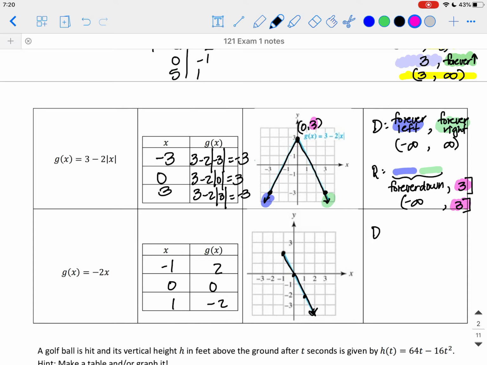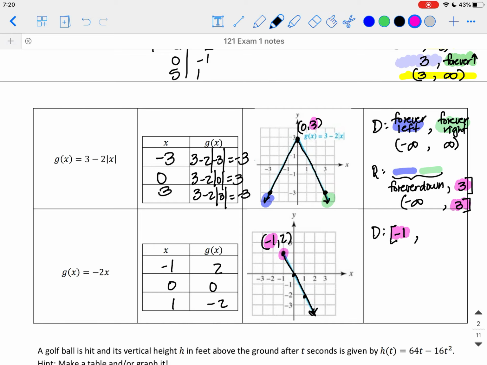Okay, so our domain is our lowest x. So this point right here, let me highlight it. This point right here has our lowest x. And the coordinate for that is negative 1, comma 2. So let me highlight here that negative 1 is our lowest x. It is part of the graph, so it's going to be bracket.